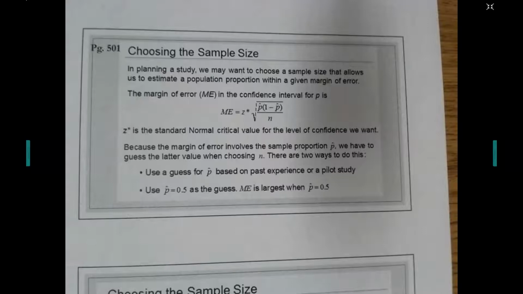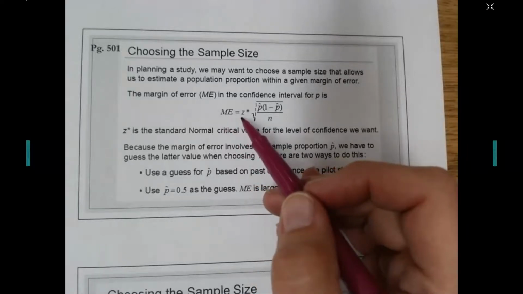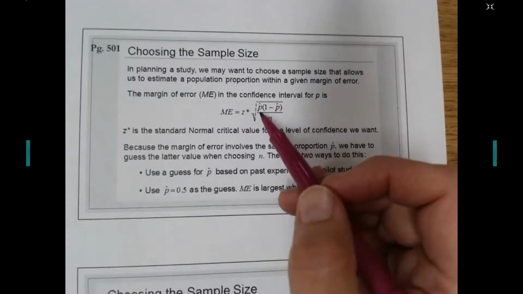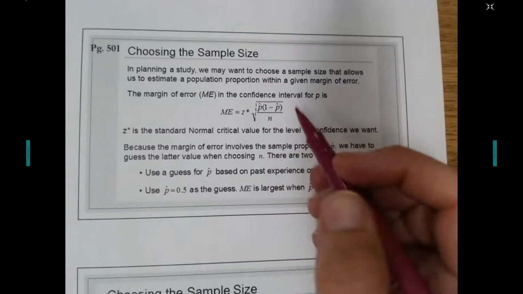And so in that case, they would plug in, okay, like let's say I want a margin of error of like 1%. So I plug in 0.01 for margin of error. And let's say I want a confidence level of 95%. Well, we just found z-star on the last one. Z-star would be 1.96. But what if I don't know any previous information on p-hats? Or maybe I have limited amount of information on p-hat from this particular situation.